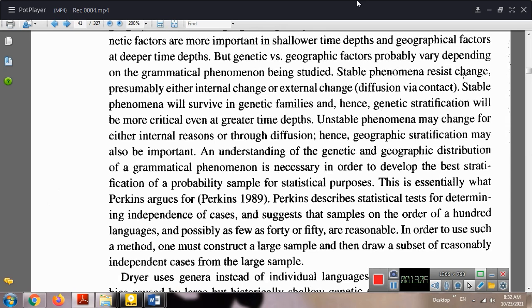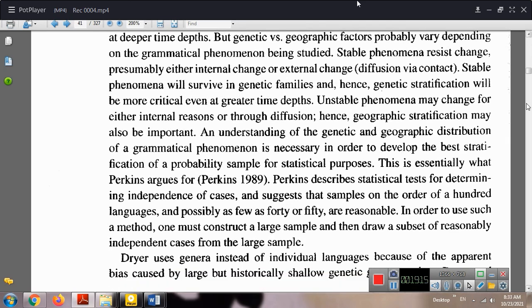A stable phenomenon resists change, presumably either internal change or external change. A stable phenomenon will survive in genetic families, and hence genetic stratification will be more critical even at greater time depths. Unstable phenomena may change for either internal reasons or through diffusion.